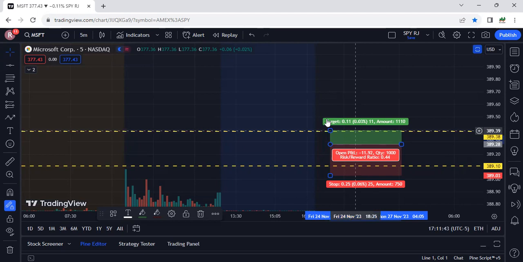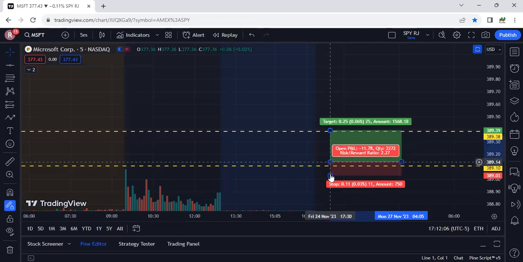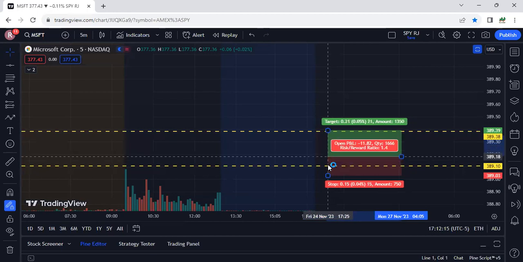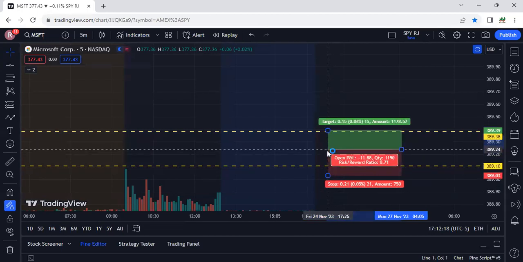You have to be very precise with your levels and stick to them. Remember, we want a risk to reward ratio of at least a 2, bare minimum. You're risking 25 cents to make 11 cents if this candle closed right here. Now, if this candle had retested and closed right here, you see how that risk to reward ratio has skewed in your favor. So it matters a lot where this retest candle closes.